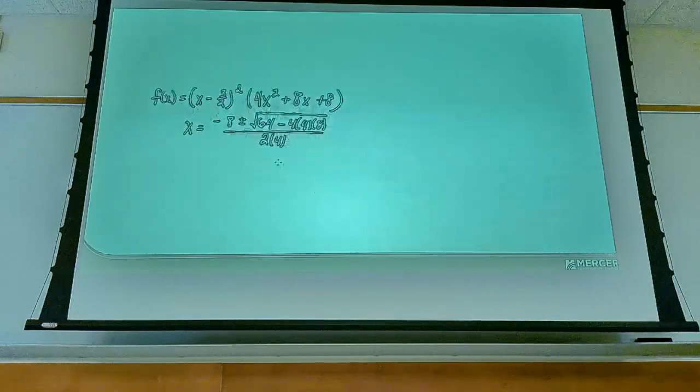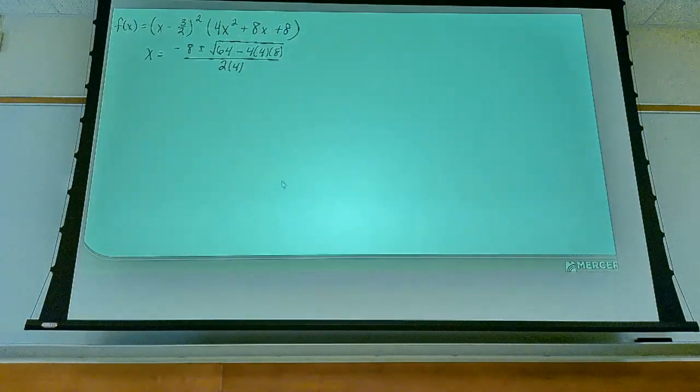4 times 8 is 32. What's 32 times 4? 128. So it'd be 64 minus 128, which is negative 64. What's the square root of negative 64?